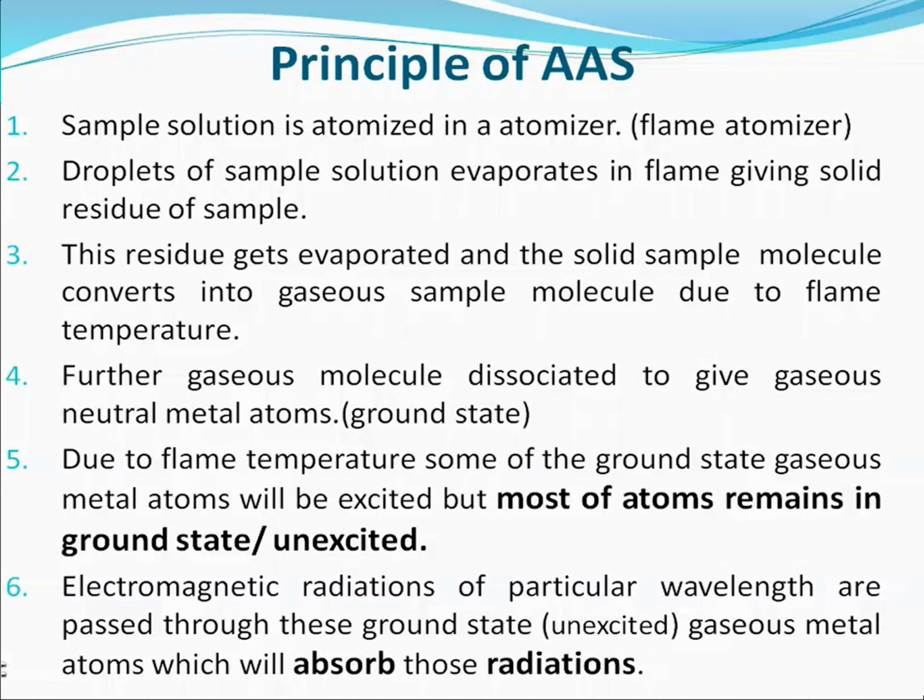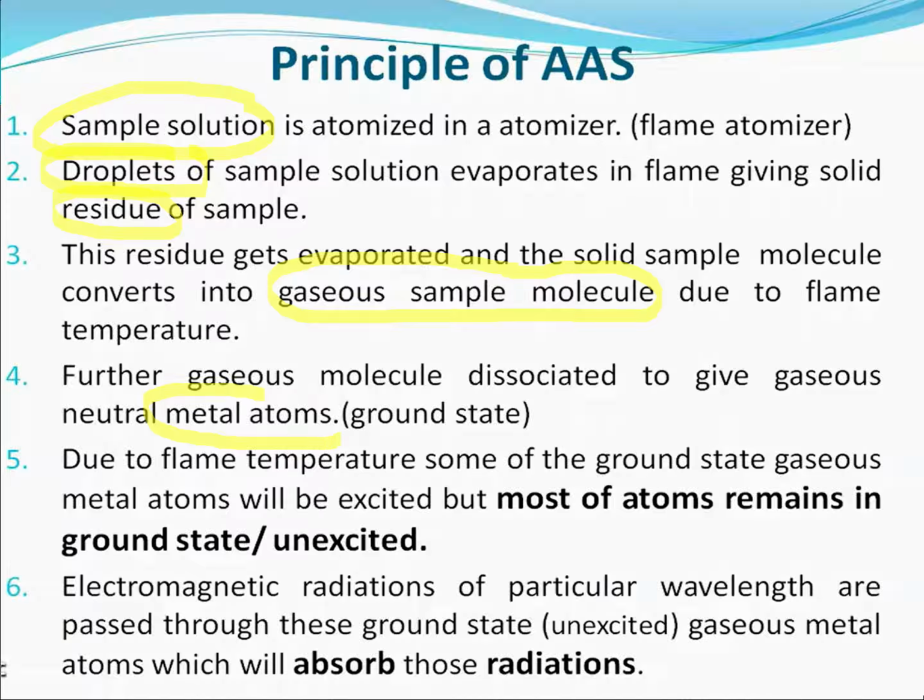First of all, we can see here that our sample was in solution form. Then it converted into droplets of sample solution. Then solid residue is formed, and this residue gets evaporated and the solid sample molecule converts into a gaseous sample molecule. After that, the gaseous molecule dissociates to give gaseous neutral metal atoms.